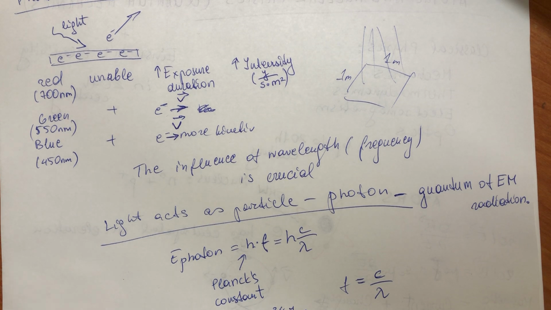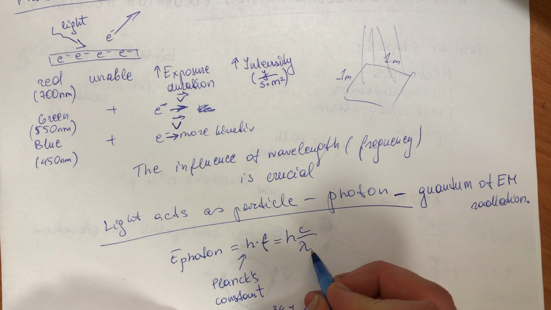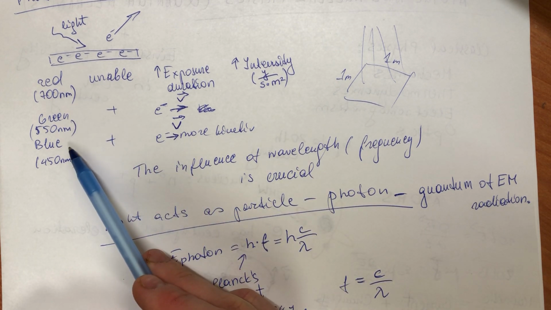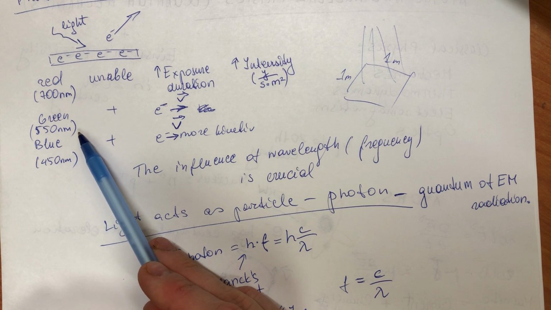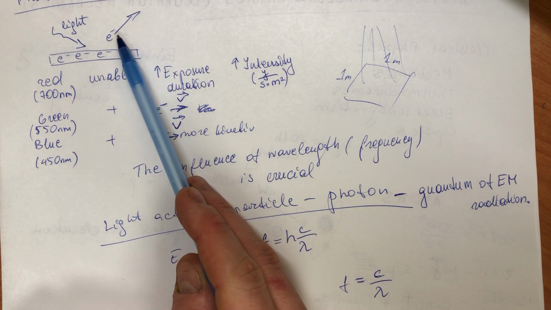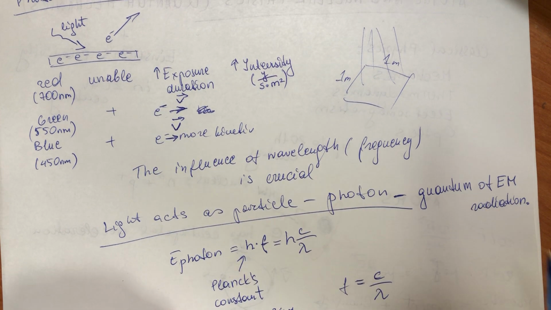So this means that photons having a higher frequency, shorter wavelength, have more energy, and therefore green and blue lights, their photons could produce photoelectrons that would go from this metal plate.